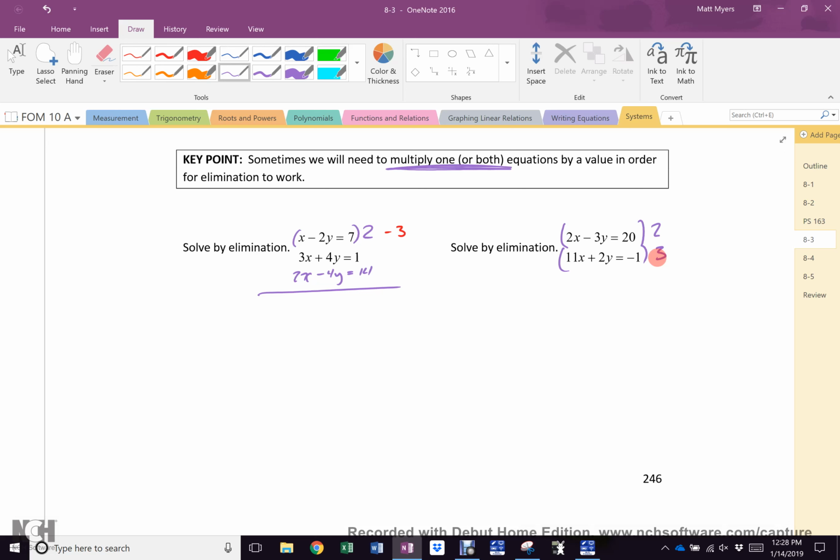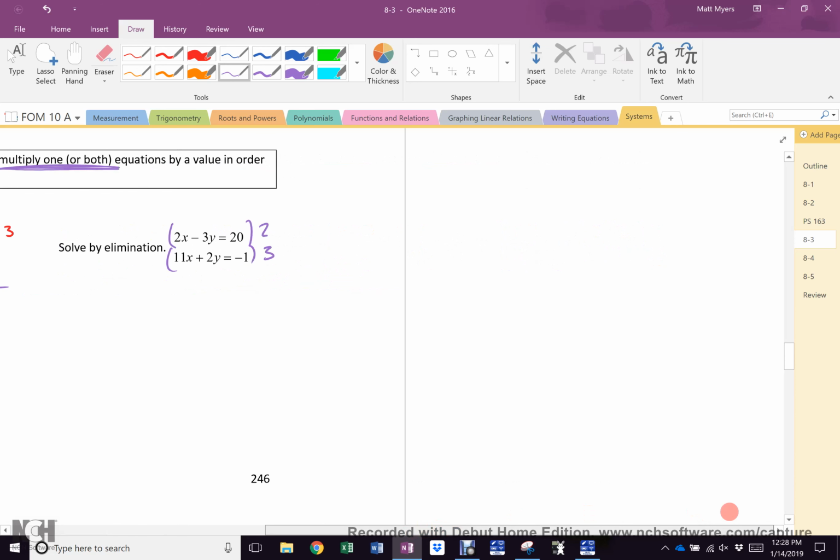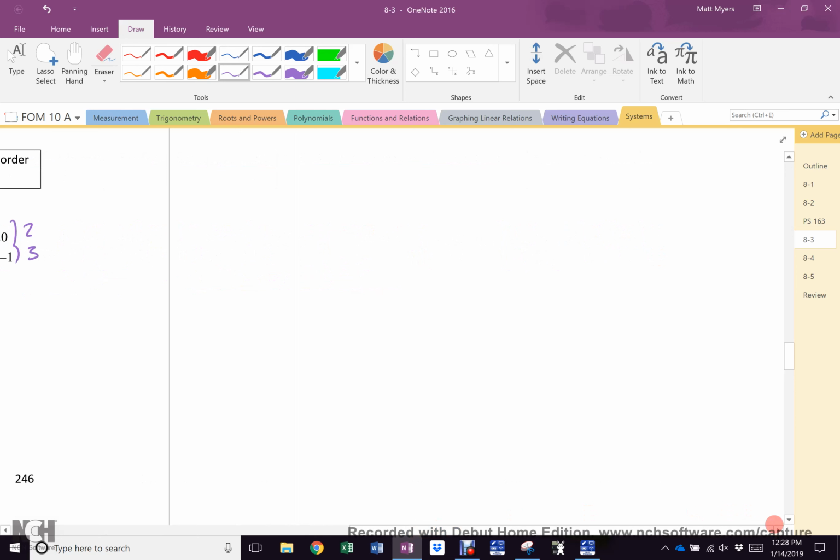Does it matter? No. But there's a warning here, and I'm going to show you on the side. It traps you guys every so often. 3x plus 2y equals 13, and plus... in this one, can you eliminate something right away?